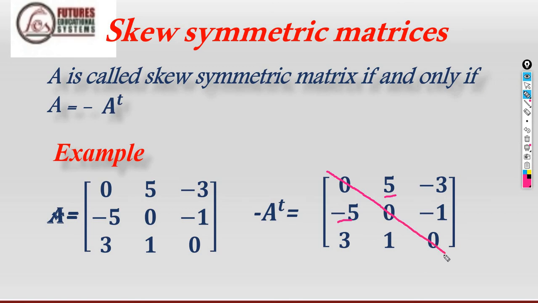That's the main diagonal. And this element is the additive inverse of this element, or vice versa, and this element is the additive inverse of this element. Therefore, it's called a skew symmetric matrix.